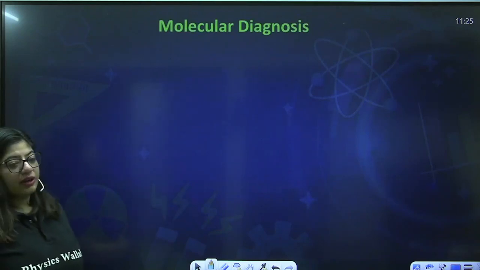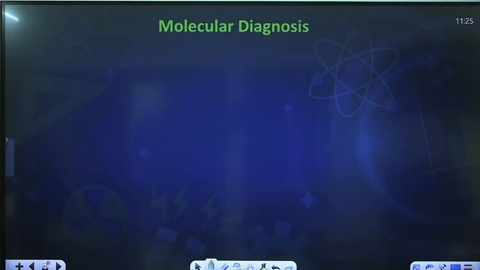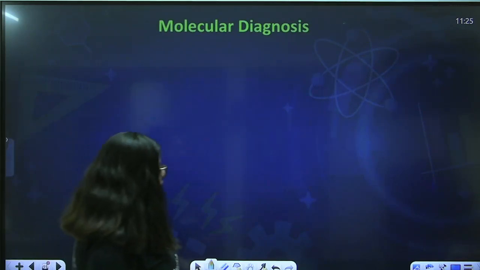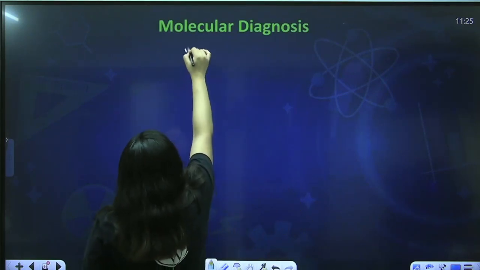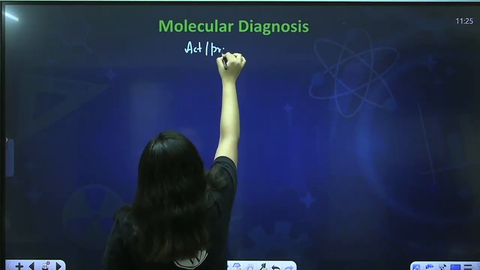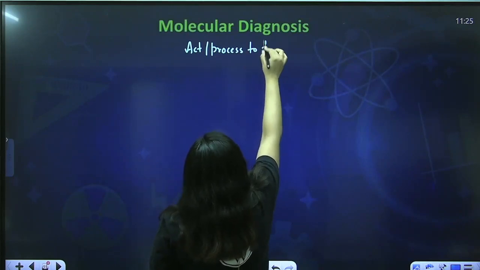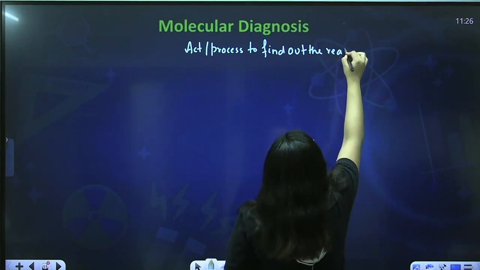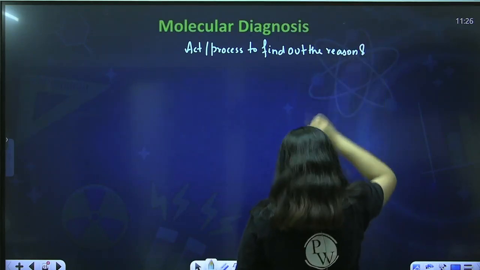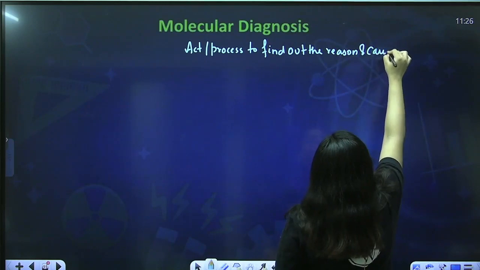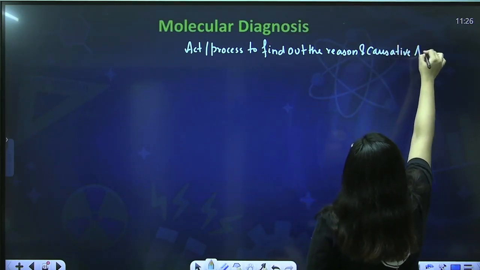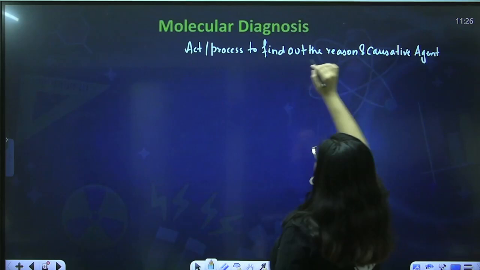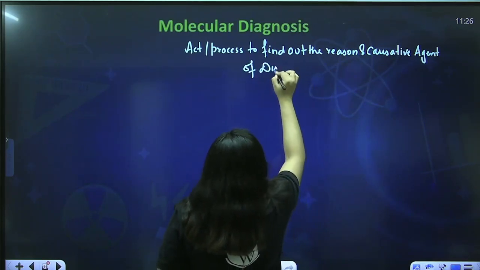Next up, molecular diagnosis. Now, what is diagnosis? Diagnosis is the act or process to find out the reason and causative agent of a disease.